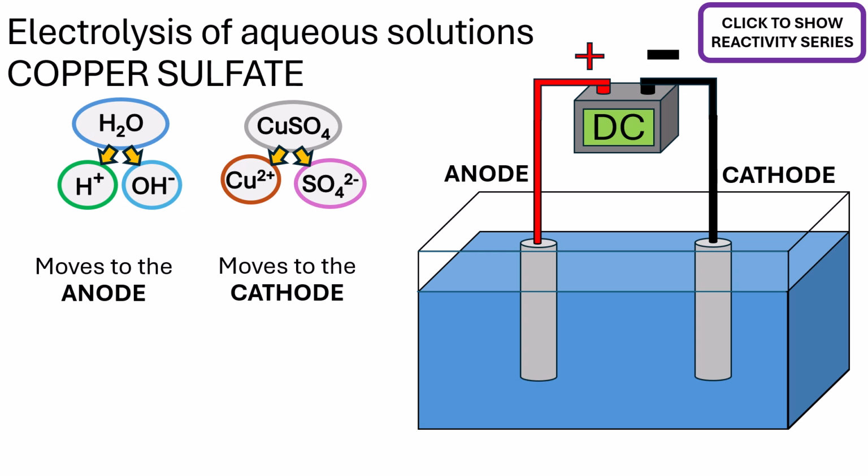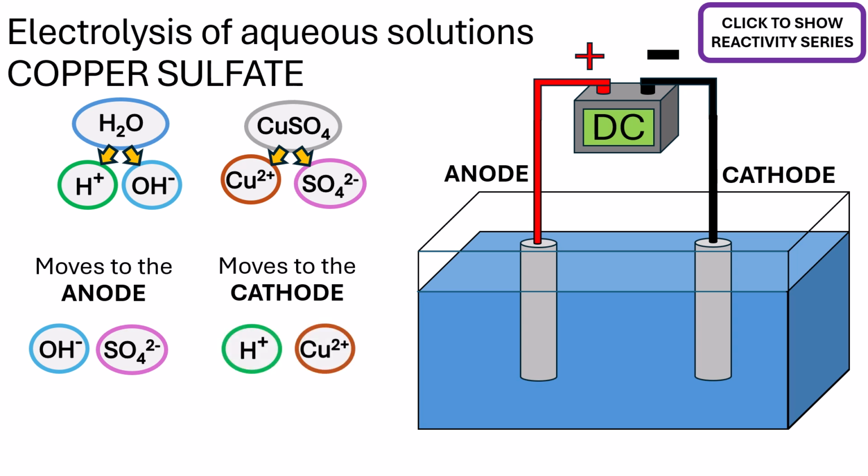And then we get our copper sulphate, and the Cu copper will be the positive ion, and the SO4 will make a negative ion. As a consequence, at the anode, we will find the two negative ions, OH- and SO4 2-, whereas at the cathode, we'll find the two positive ions, H+ and Cu2+.